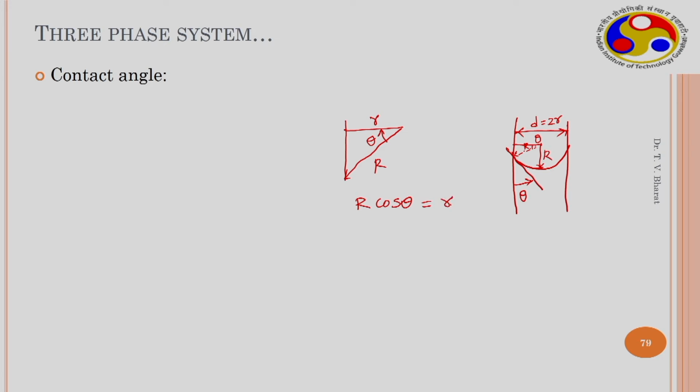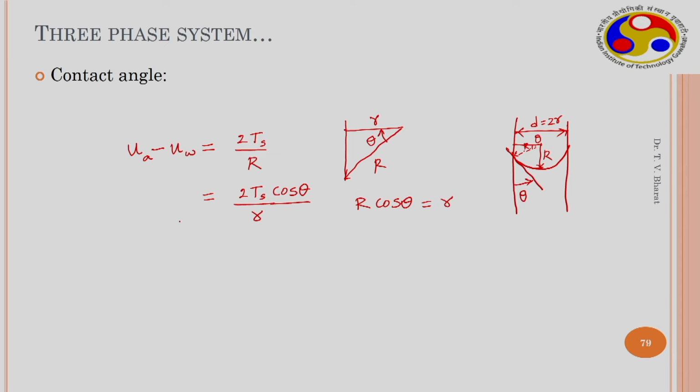Earlier we derived the Laplace equation. According to the Laplace equation, the pressure drop across an air-water interface, ua minus uw, is equal to 2 Ts by R, where R is the radius of curvature. If we substitute R from here, this would be R into cos theta. This is the same expression we derived for the rise of a capillary tube.